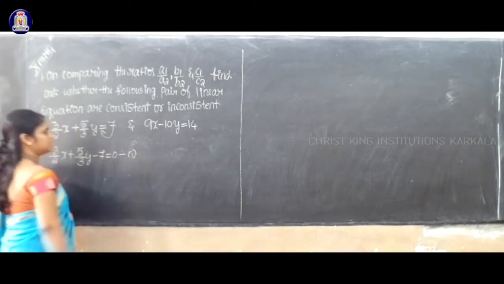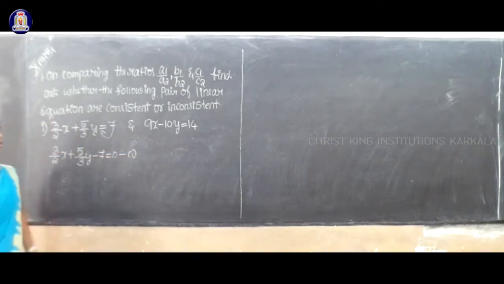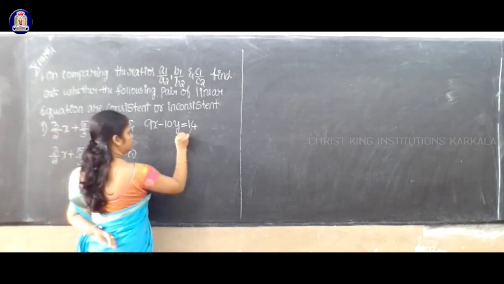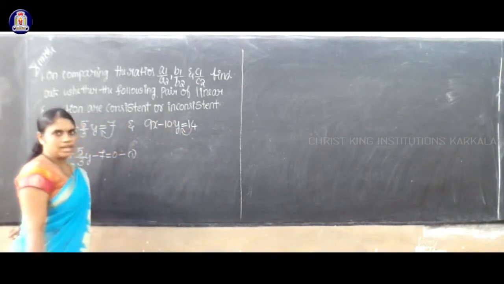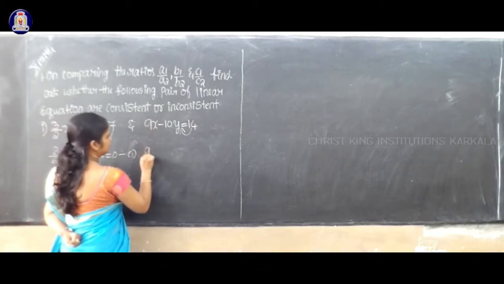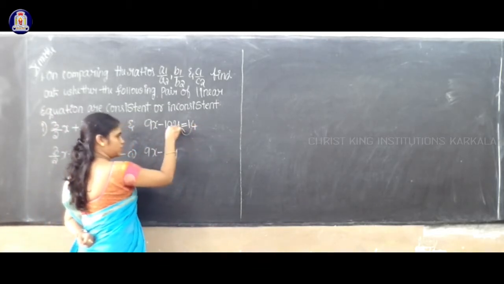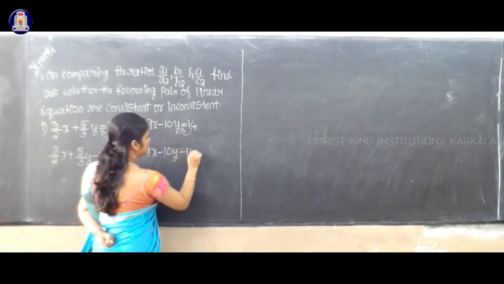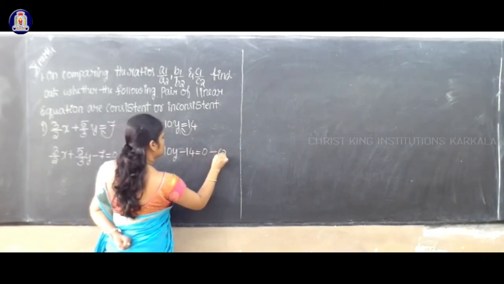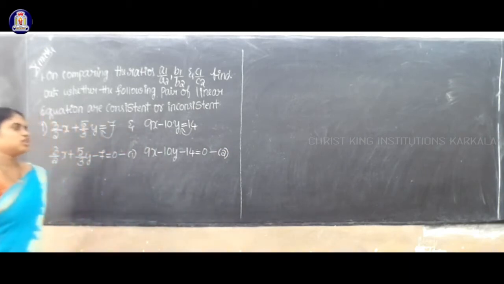I'll consider it as equation number 1. Once again I'll shift the constant term to the left hand side, so I'll get 9x minus 10y, while this 14 comes to the left hand side, it will become minus 14 equal to 0. I'll consider it as equation number 2.